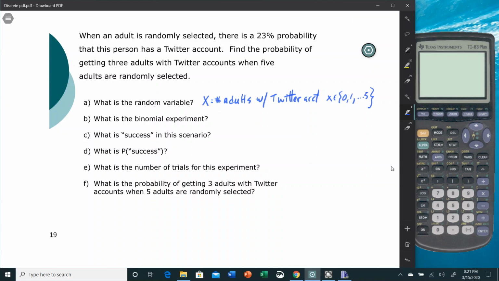Okay, so what is the binomial experiment? So either having a Twitter account or not. What's success in this scenario? So success is having the Twitter account.